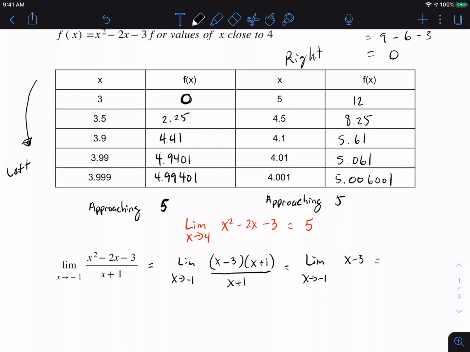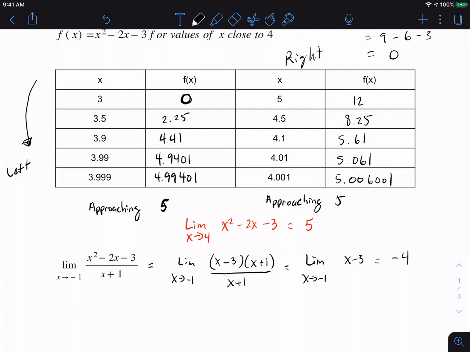What is that going to yield for me? Is that -4? Yeah. So the limit's value is -4.